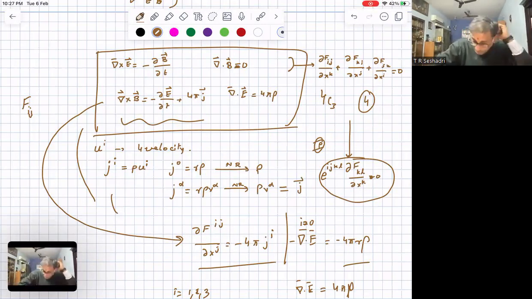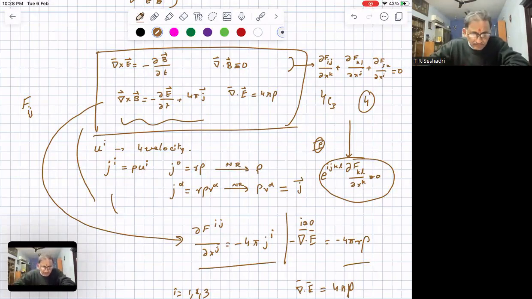Is that okay? Today it was a kind of a crash course on this one, but I couldn't help it. Essentially, I have taken some portions, the initial sections of chapter 3 and portions of chapter 4 of Landau and Lifshitz, Classical Theory of Fields.